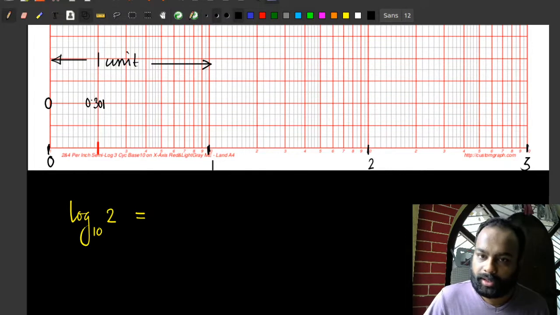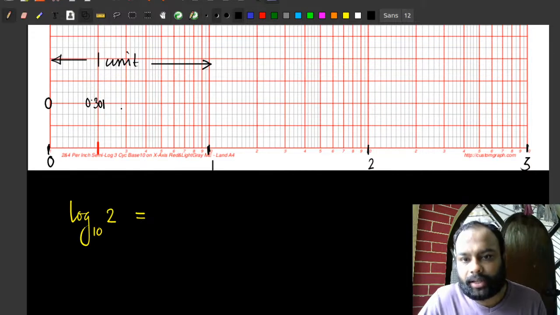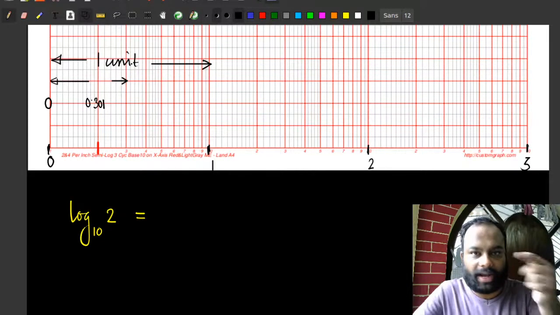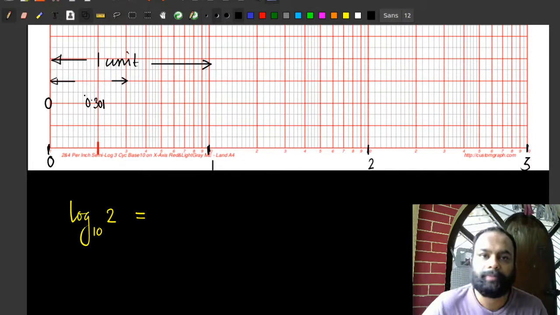All right. Question is, what is this distance then? What if you take the same ruler, rather a scale, for example. If this length is 1 unit, how much would this length be?